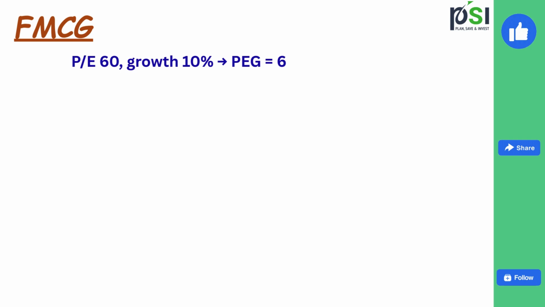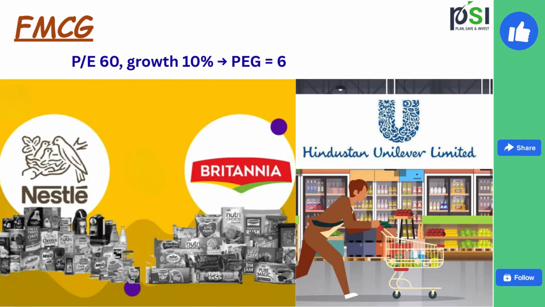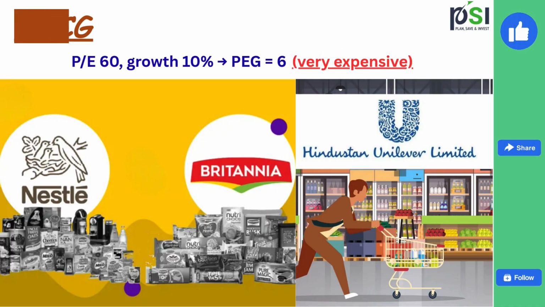Generally the average PE ratio of FMCG will be around 50, and the growth rate could be around 10%. If you look at the PE ratio and growth rates of FMCG stocks like Nestle, HUL, or Britannia, the PEG will be more than 2, 3, or it could be 6, very expensive.